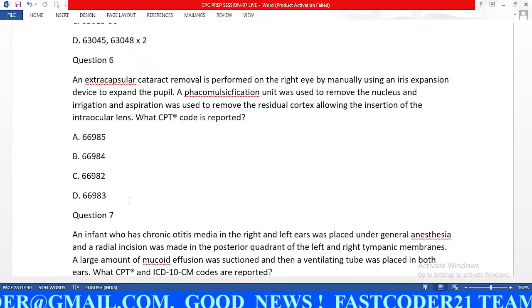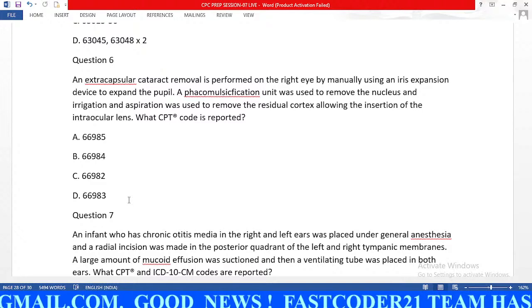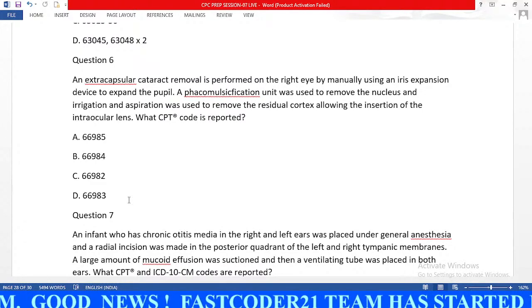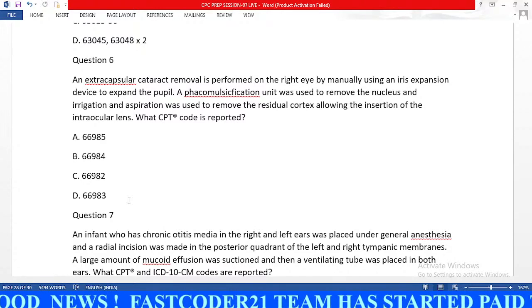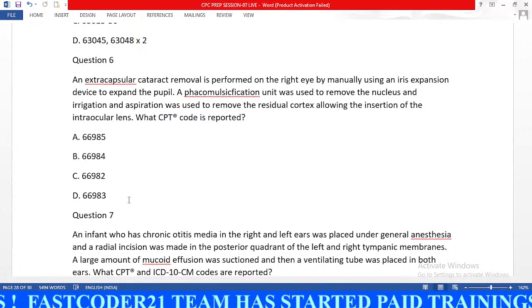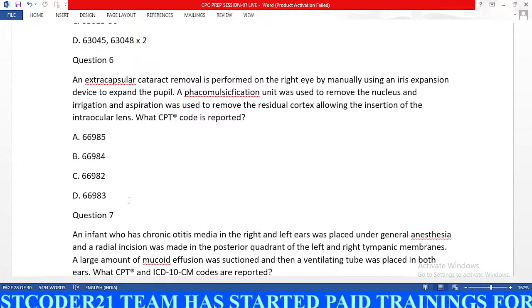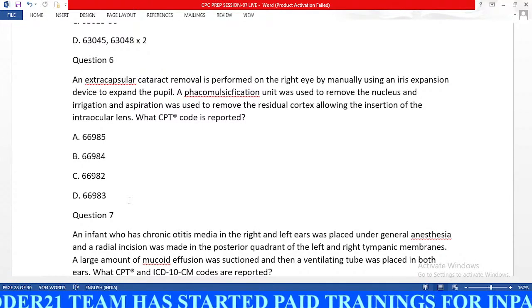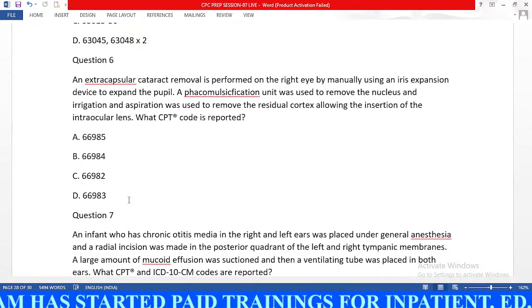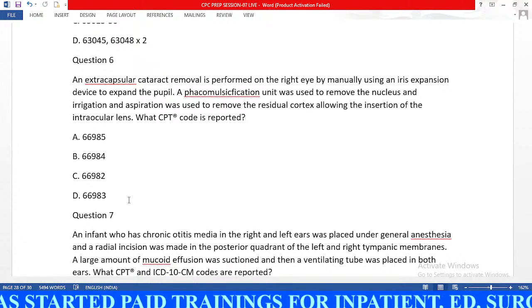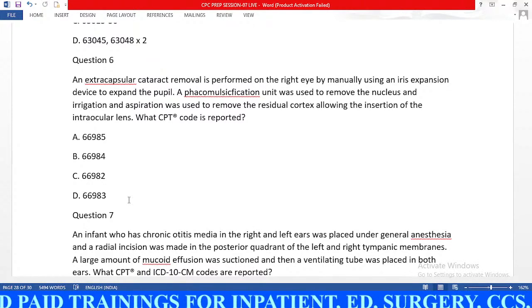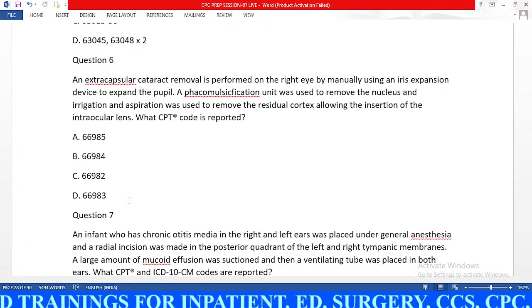So we need to understand the difference between both. Whenever you do live coding or CPC, try to know the anatomy, it is very useful for us.